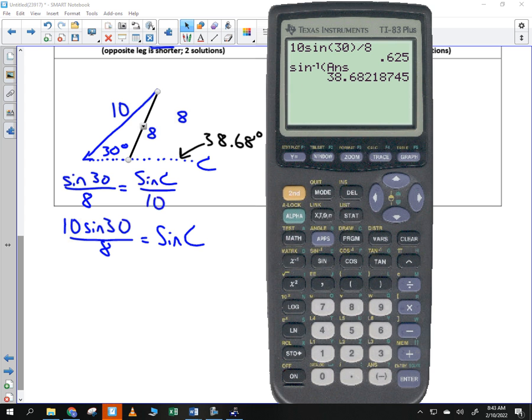And the way that you would find that angle is you would take 180 and subtract whatever that is, and you get 141.317.